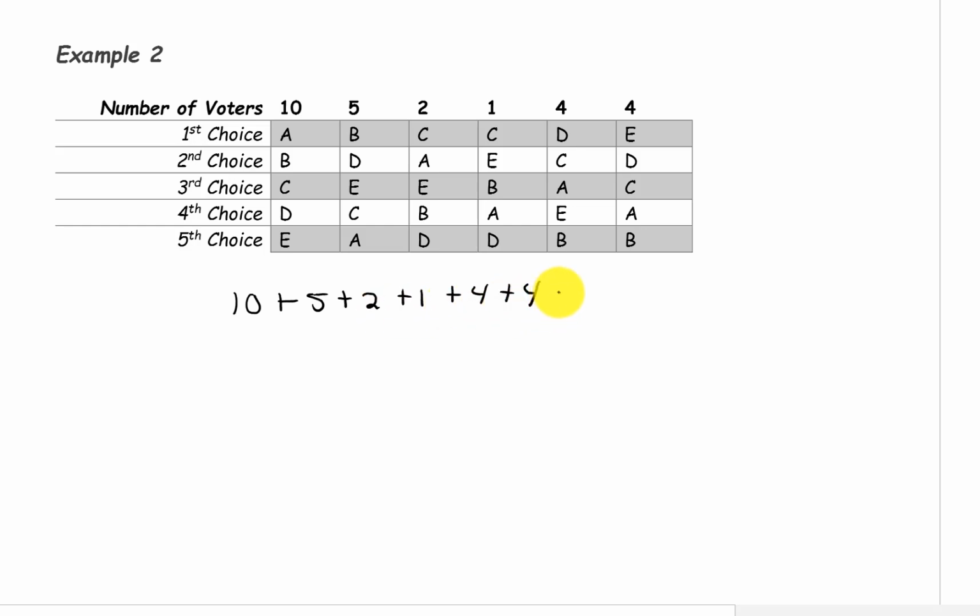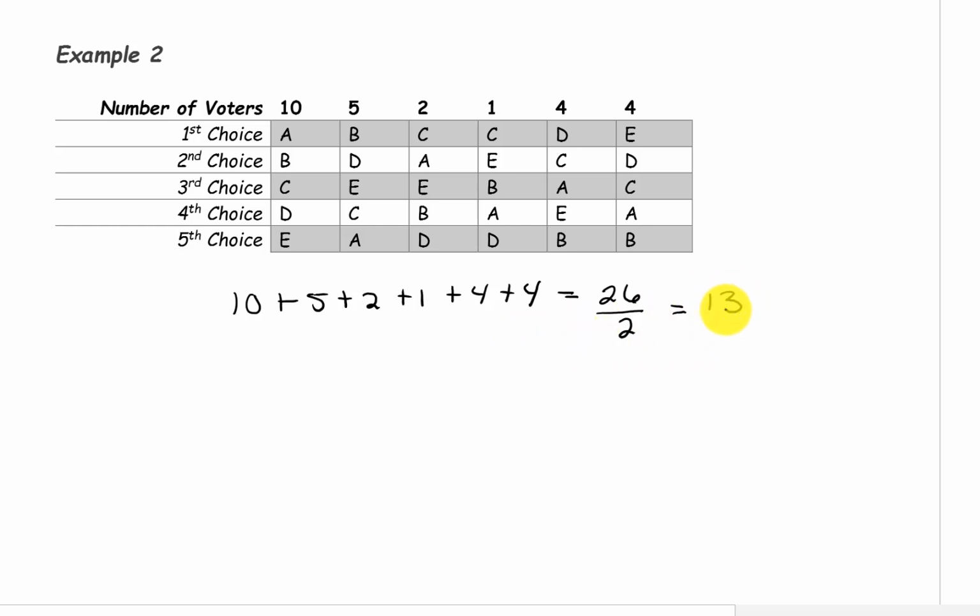And so we can see that we have 26 voters. Now we need to divide this by 2 to figure out what majority would be, and 26 divided by 2 is 13. 13 is a whole number.